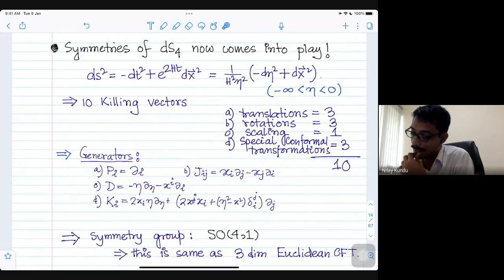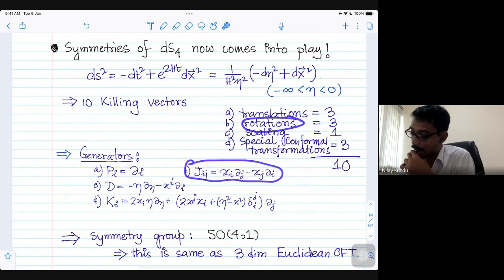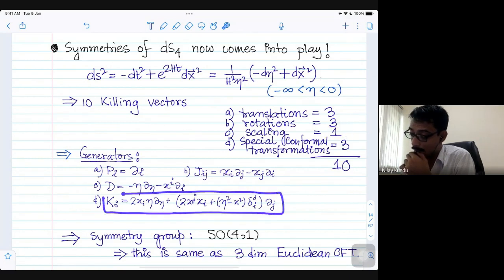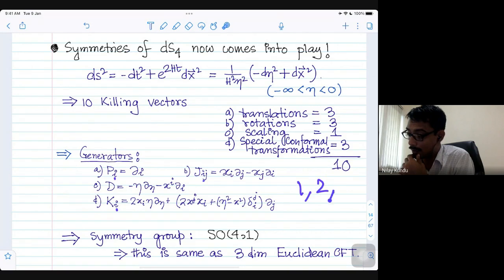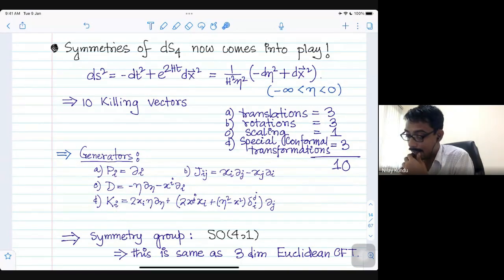As you can see, these are the generators corresponding to the translations. This corresponds to the generator of rotations. This corresponds to the generator of scaling, and these correspond to the 3 spatial conformal transformations. This index i runs over 1, 2, 3, and eta is the conformal time that is present here.